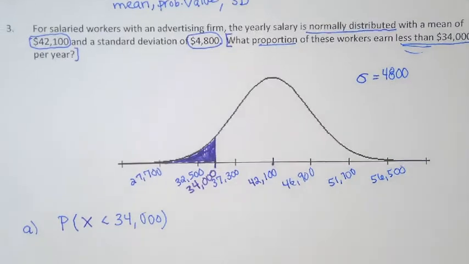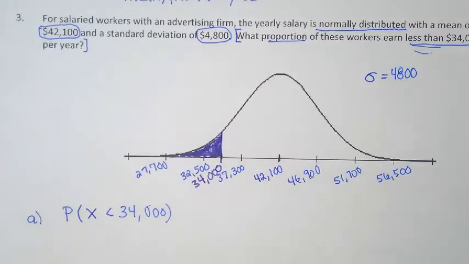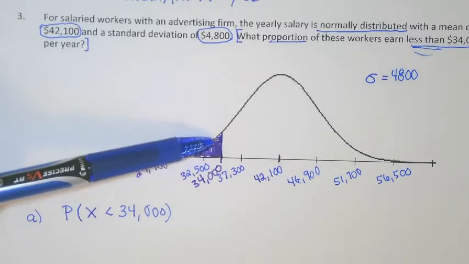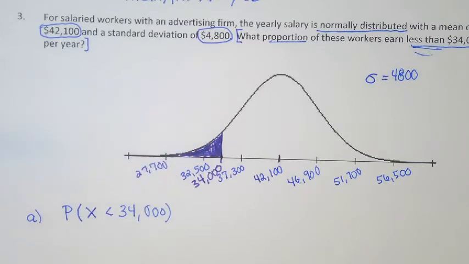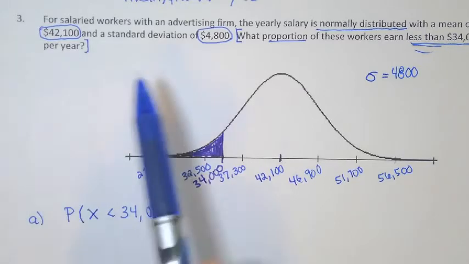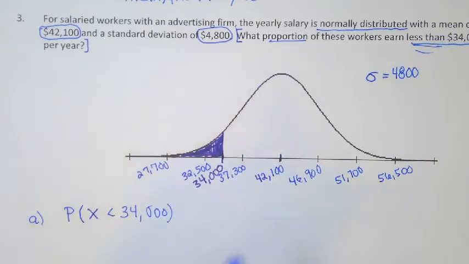So in a question such as the one we're working on, where they're asking us to find the area of a value that's not a given or specific standard deviation value, we're going to use what's called the normal function on our calculator to help calculate the exact proportion or percent.